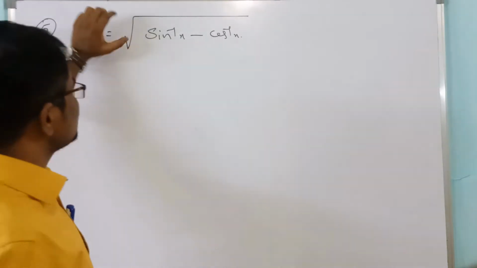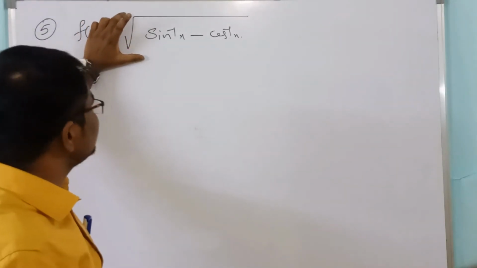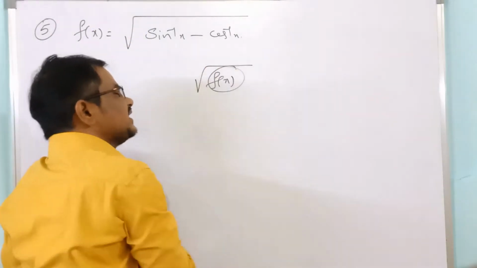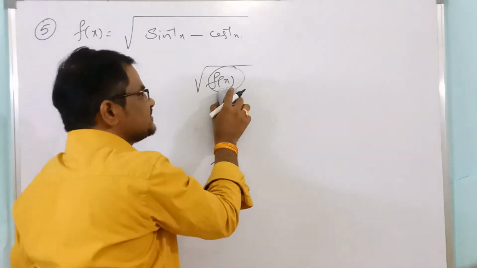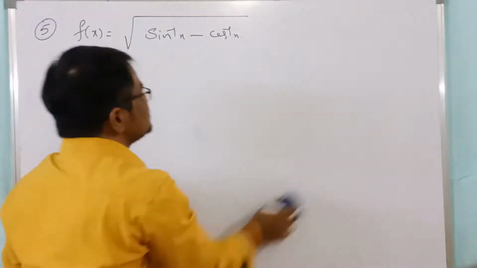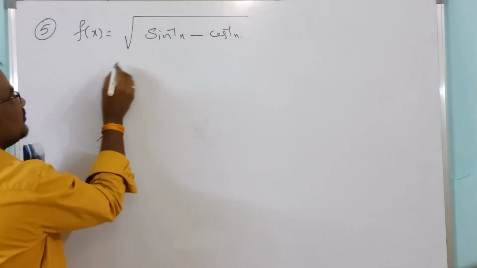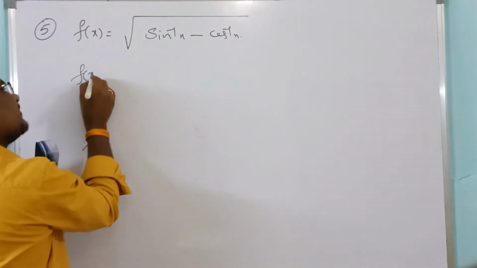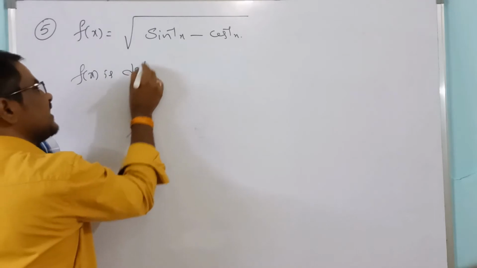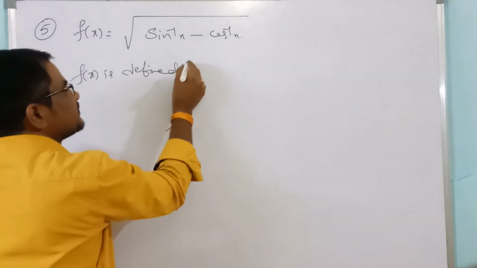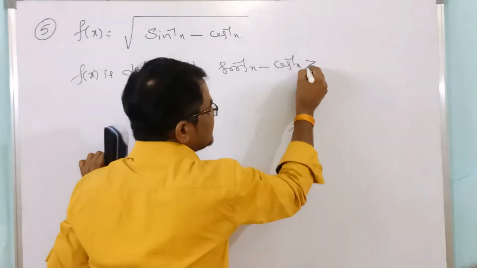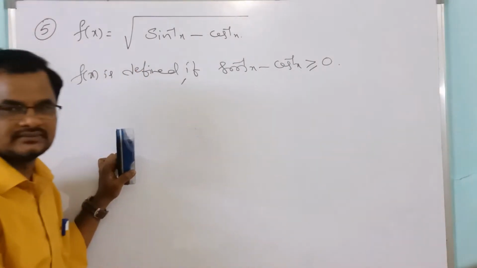See the fifth problem. For this problem also we have to find the domain. So here it is in the form of under root f of x. We know that under root f of x means f of x greater than or equal to 0. So f of x is defined when sin inverse x minus cos inverse x greater than or equal to 0, right?